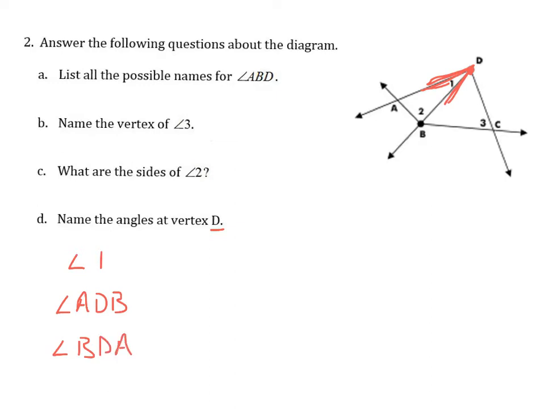Or you could go with the angle to the right of that, which would be this one right here. Now, this one doesn't have a number in it, so I can't use just a number to name it, but I could use 3 letters. I could call it BDC, or we could reverse that and say CDB.